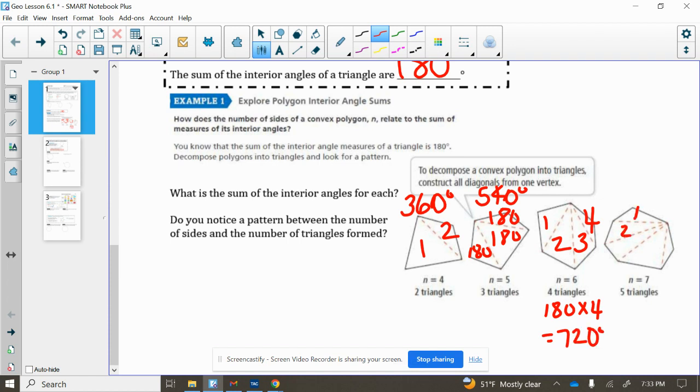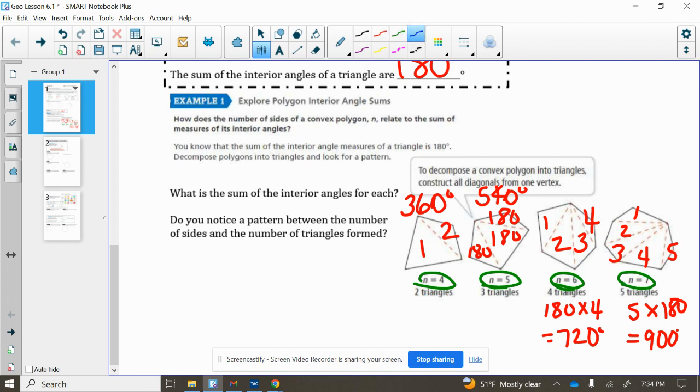And then our final example, we have a heptagon, a seven-sided figure. We have 5 triangles we can draw in. And again, if they each measure 180 degrees, we would have a total of 900. So do you notice any patterns between the number of sides in each of these and how they compare to the amount of triangles we can draw?